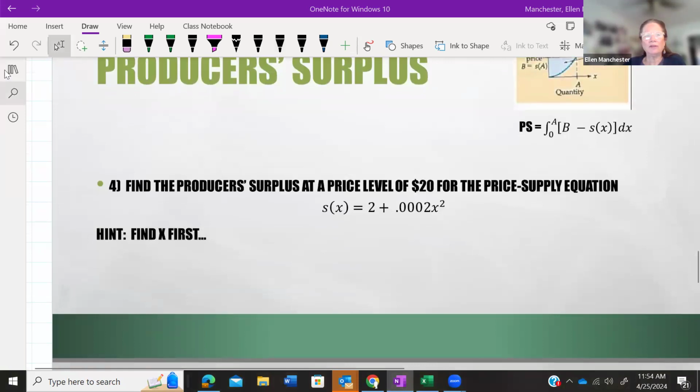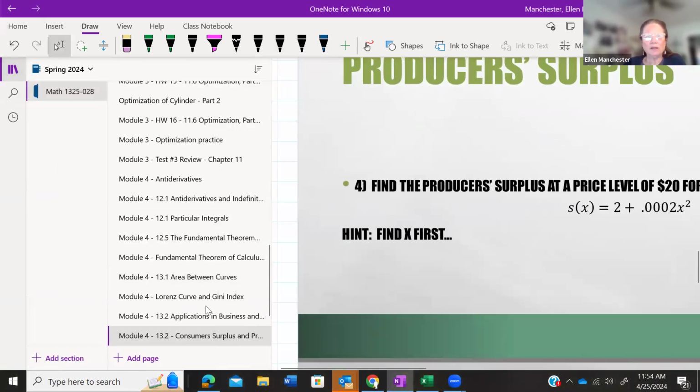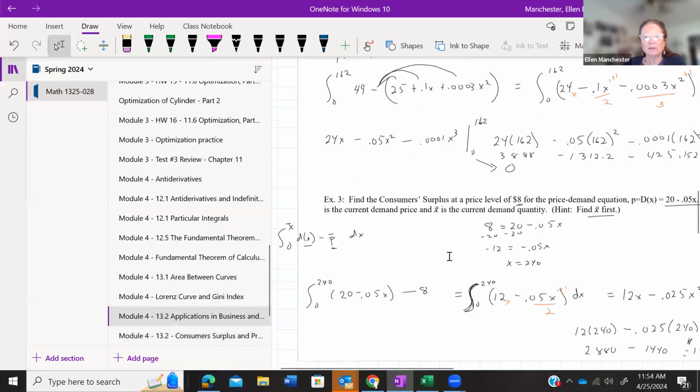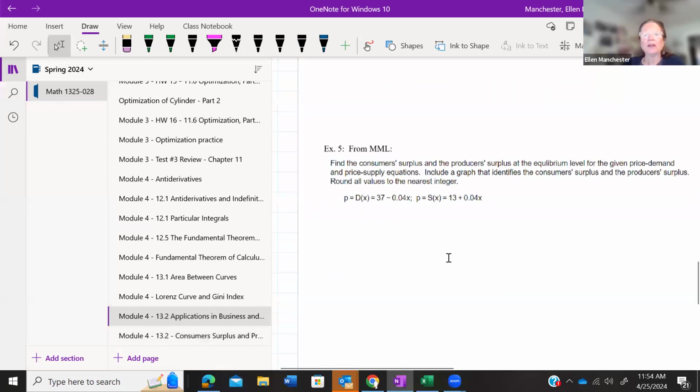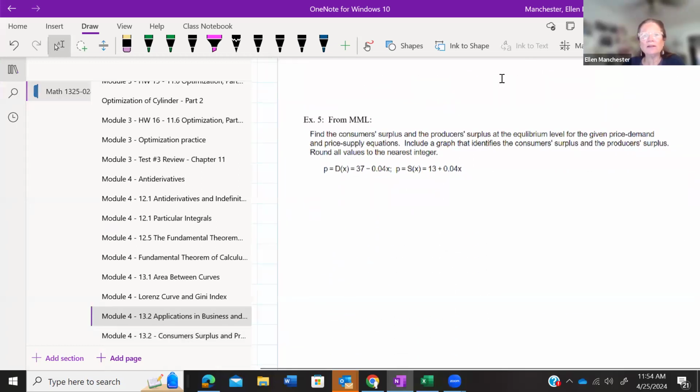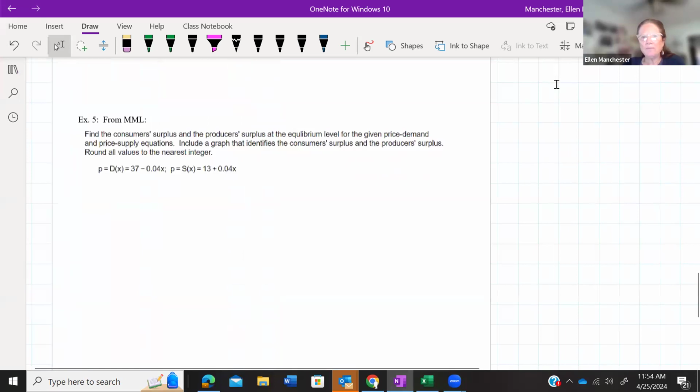Okay. All right, let's try one more. There's one on the last, this one. So this one's directly from my math lab. And so I wanted to walk you through it because it doesn't give you a whole lot of information.